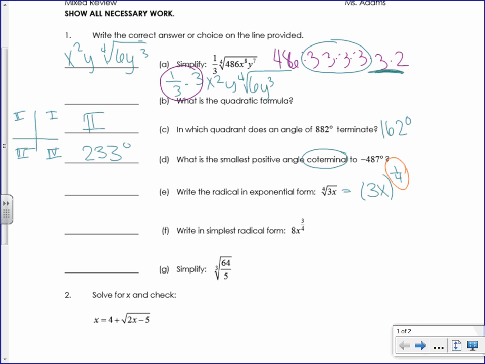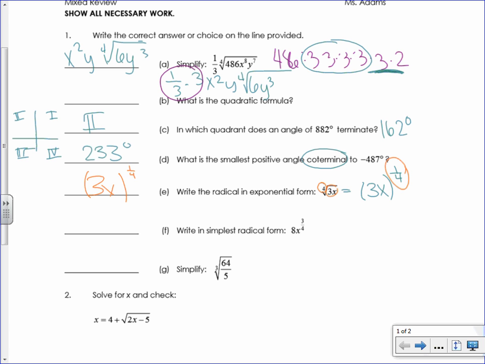So if I knock this 1/4 over, the 1 would fall on the inside, which is why that is just 3x to the 1st power, and the 4 would stay on the outside, which is why your index is 4. So I'll write that on the line: 3x, and all of that is to the 1/4 power. If you write this, you're saying just the x is under the radical, so it's not this. You need the parentheses.